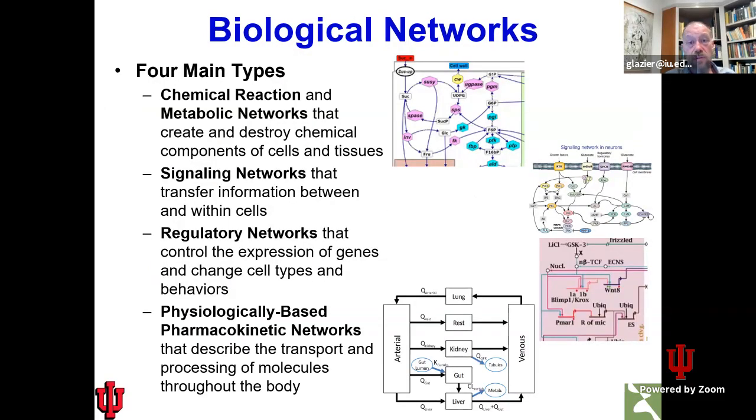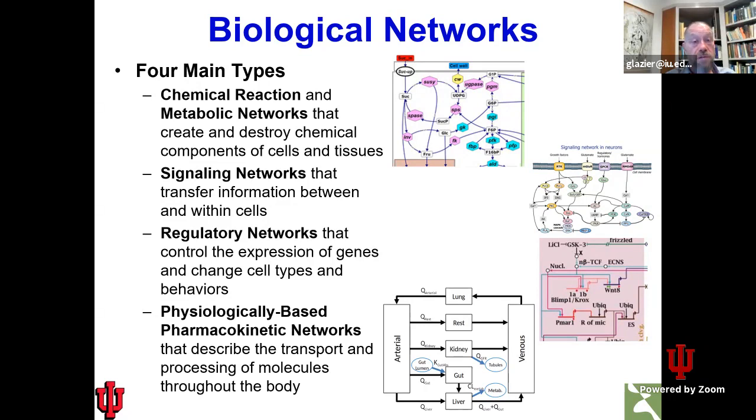If we come to biology, there are four really classic kinds of network. Chemical reaction and metabolic networks, where molecular species combine and form new components. Those are the things that transform, create and destroy chemicals in cells, also energy.